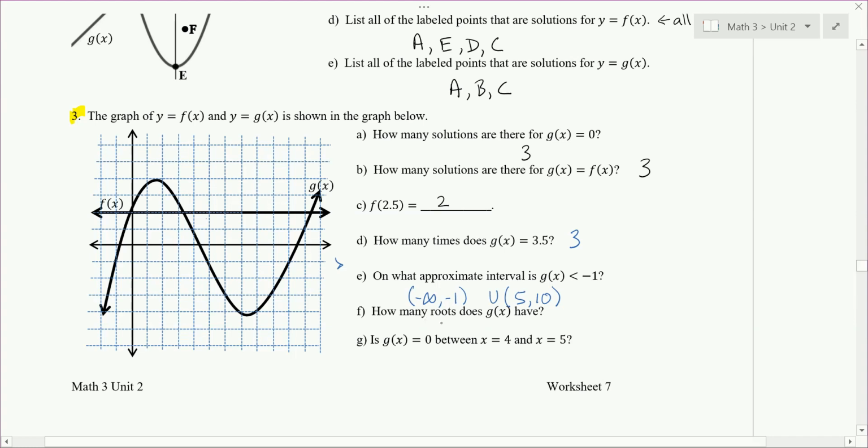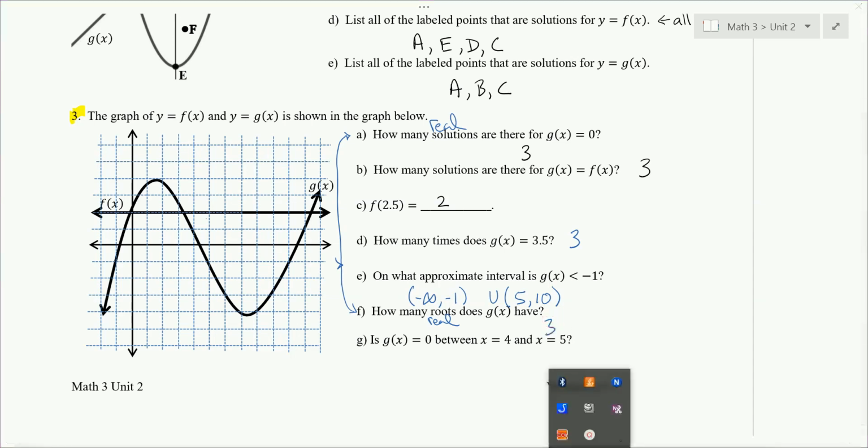So this is really the same question as A, because a solution, again, if we're talking about real solutions and real roots, they're both the same question. Of g of x equals 0 or a root. And so we're going to have the same answer.